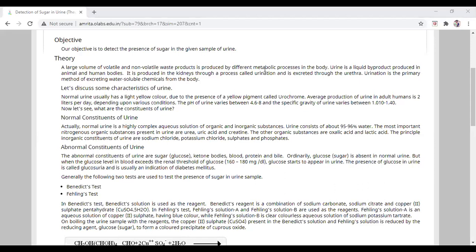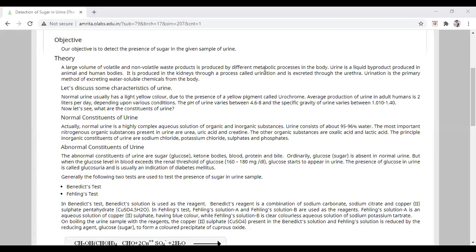These are nitrogenous toxic substances. Nitrogenous substances are toxic for the cells. If they increase, the cells can die, so it is necessary that they should be removed.